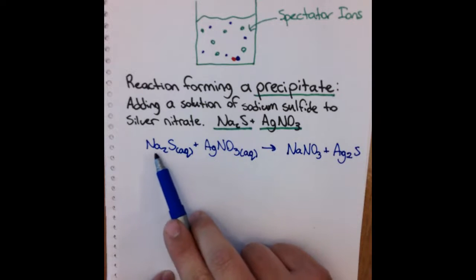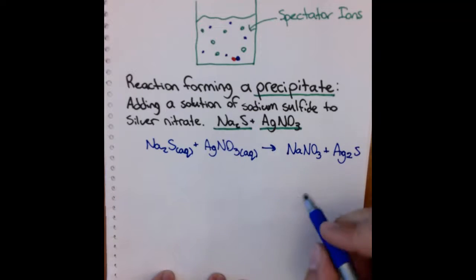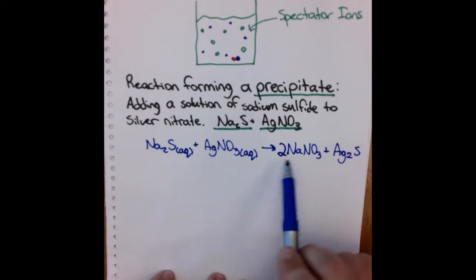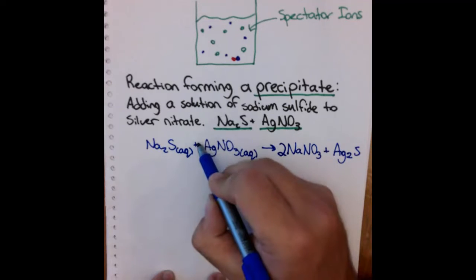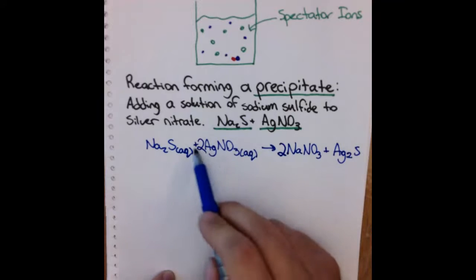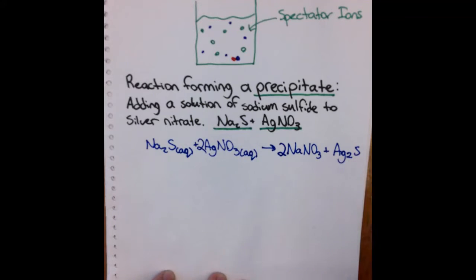On this side I have 2 sodiums, on this side I only have 1, so I'm going to put a 2 in there. And then I have 2 NO3s over here, so I'm going to put a 2 there, and because I have 2 silvers here and here, that is fully balanced.